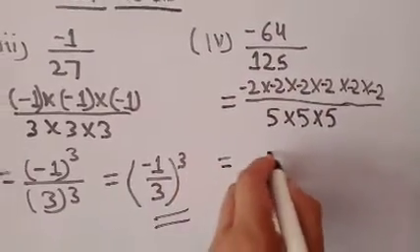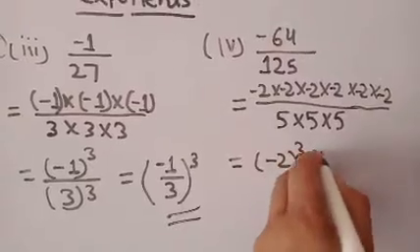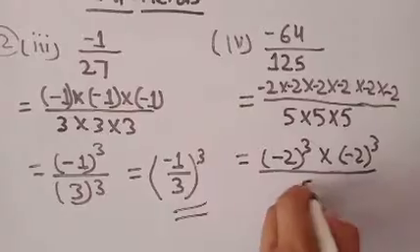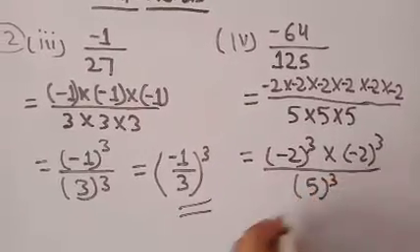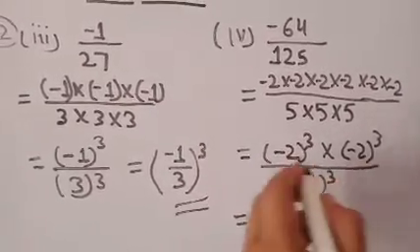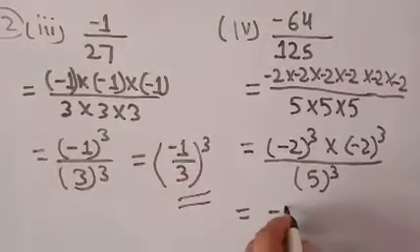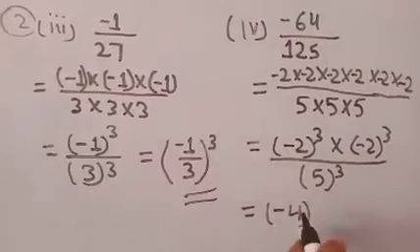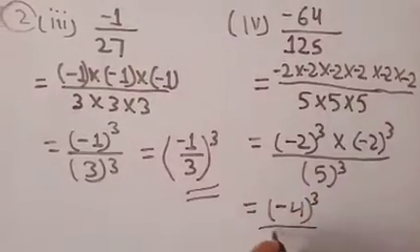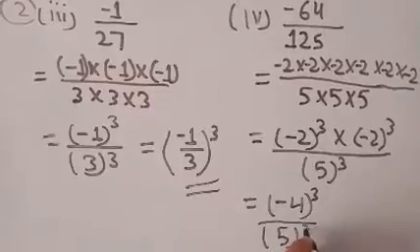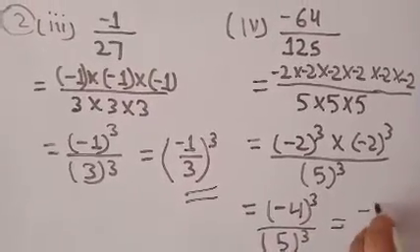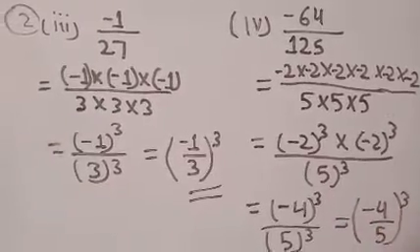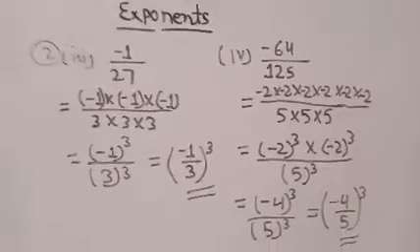Making pairs: minus 2 whole power 3 multiplied by minus 2 whole power 3, and 5 whole power 3. So 2 twos are 4 with the negative sign. The sign will not change: whole power 3 upon 5 power 3. Now the common power, so the base is minus 4 upon 5 whole power 3. This is the power notation of the given question.